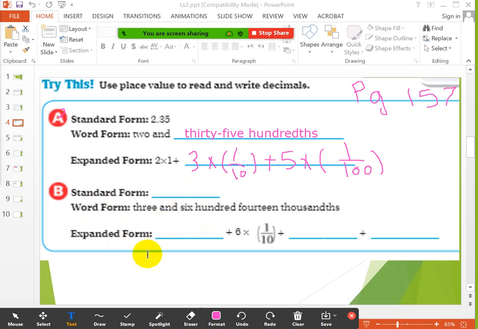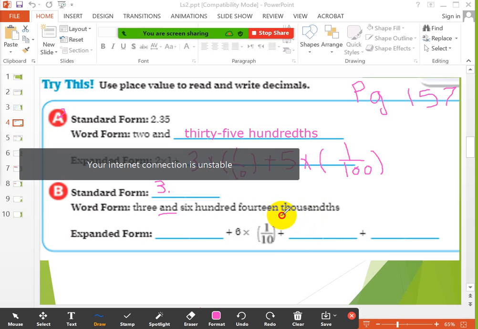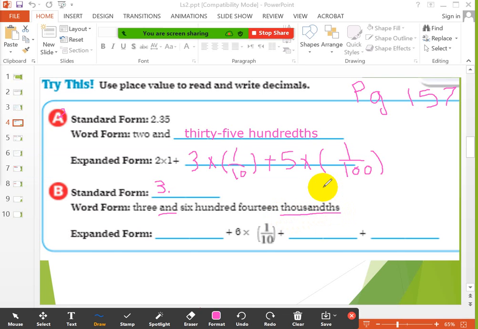Now 614,000. That means how many digits after the point? Thousandths means I have 3 digits after the point.